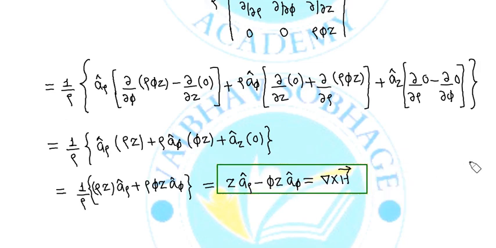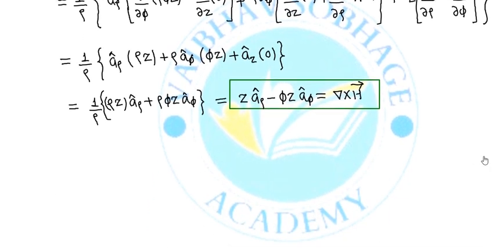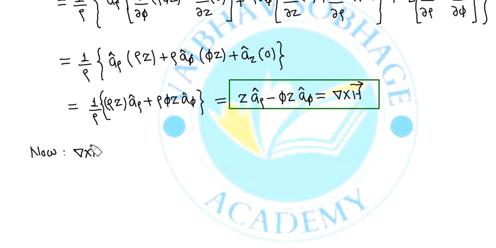Now next, we have to find the del cross H at the given point Q, having the coordinates 2, 30 degrees and 3.